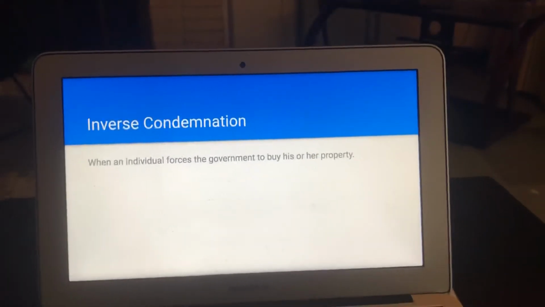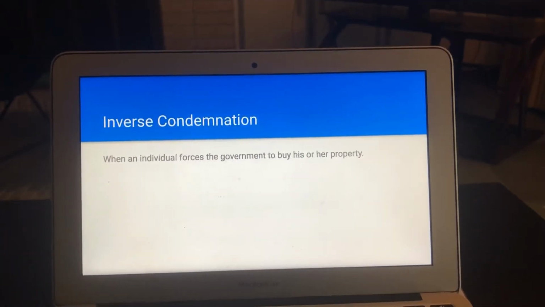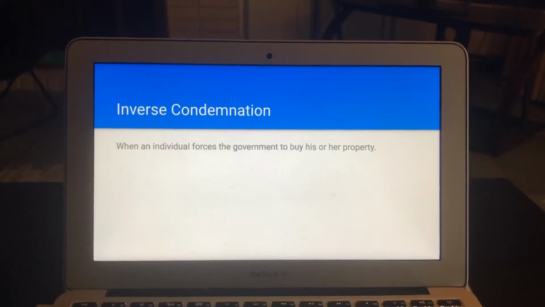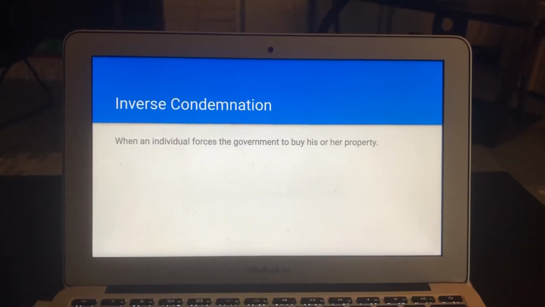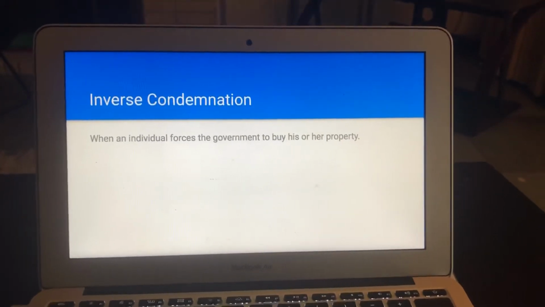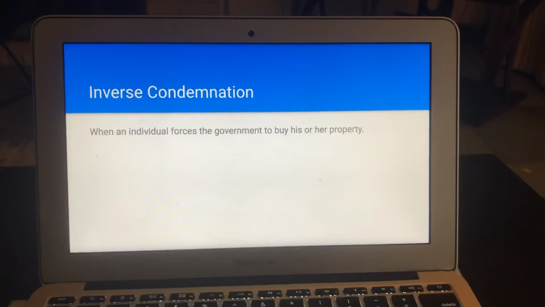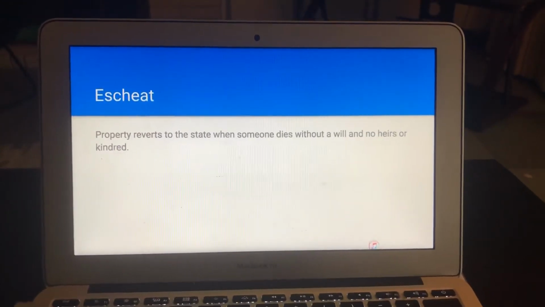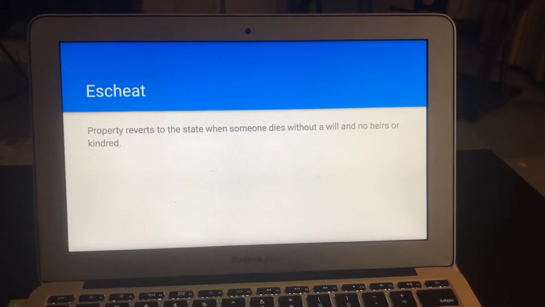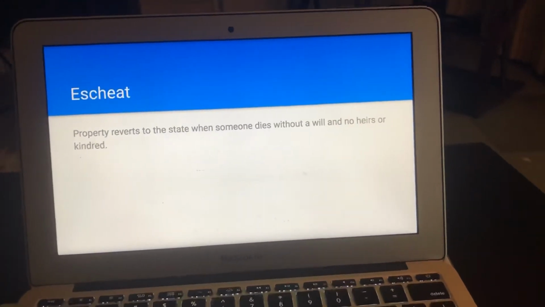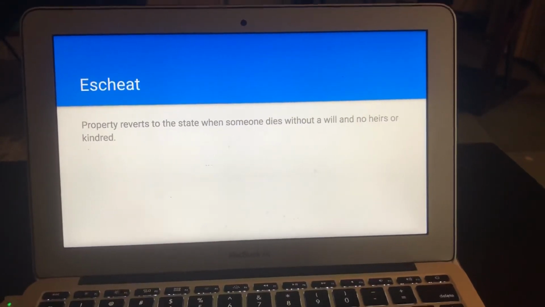An example of this: let's say the government is building a highway close to a property. It's too much noise, so the individual will take action that forces the government to buy the property and give them fair compensation. Escheat is when property reverts to the state when someone dies without a will and no heirs or kindred to take the property. So it goes back to the state.